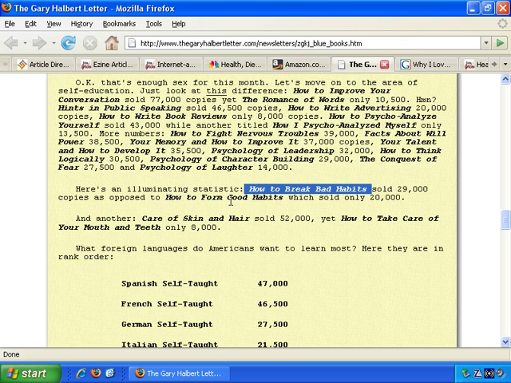So everything I'm talking about, you should publish a lot of articles, and really if you're going to be publishing on article directories, you want to be publishing a lot of articles. And of course, the benefit of publishing on article directories is that you end up getting a lot of links to your website.